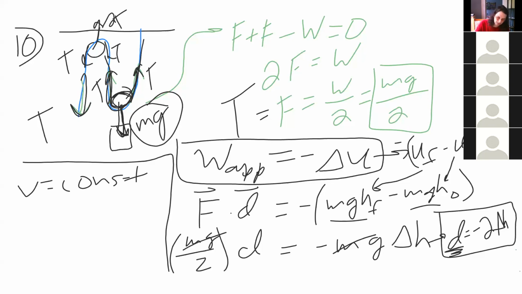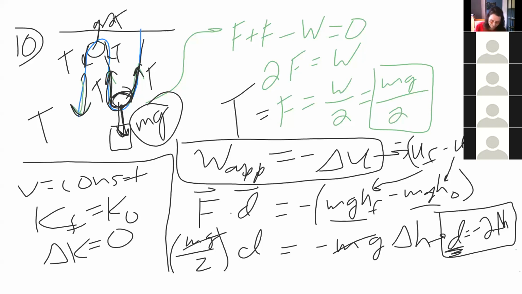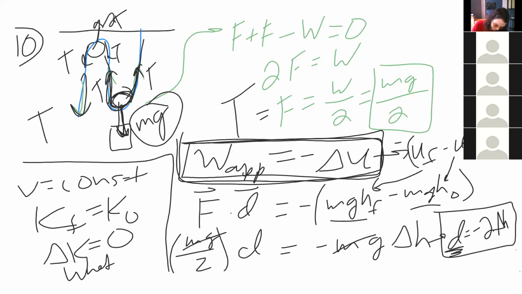Since the speed is constant, K final will be equal to K initial. In other words, the kinetic energy won't change because that's 1/2 mv squared. If v doesn't change, kinetic energy doesn't change, and then our delta K is 0. The reason that's important is the same reason that we can relate the net work to the change in potential energy: if the change in kinetic energy is 0, then the net work will be 0.